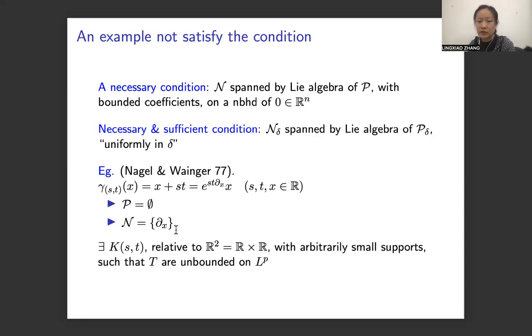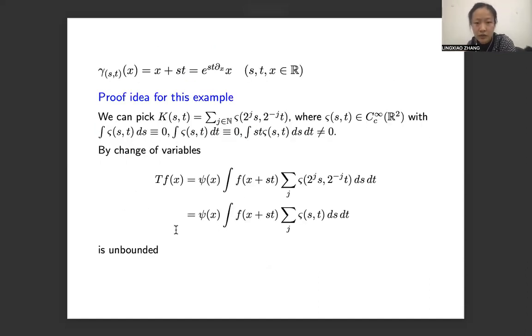So the non-pure vector field is not spanned by pure vector fields. So it does not even satisfy the necessary condition we talked about earlier, not to say the necessary and sufficient condition. So by our theorem, the operator should be unbounded for some kernel K. And indeed, we can find such a kernel K to make operator T unbounded. I'm going to give you a short proof sketch.